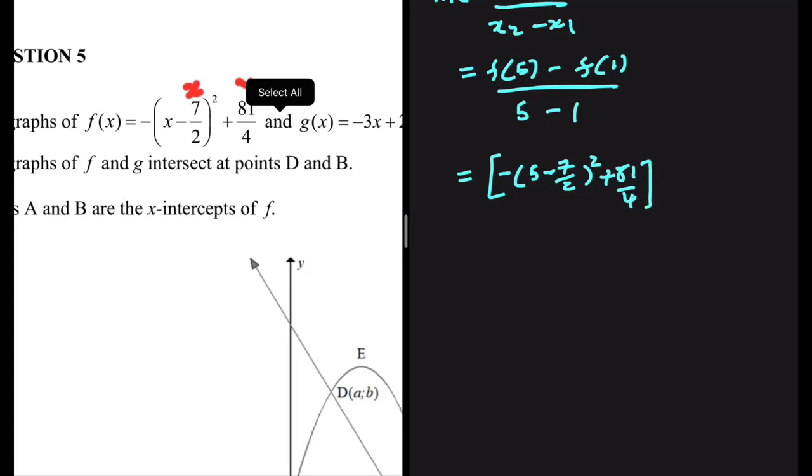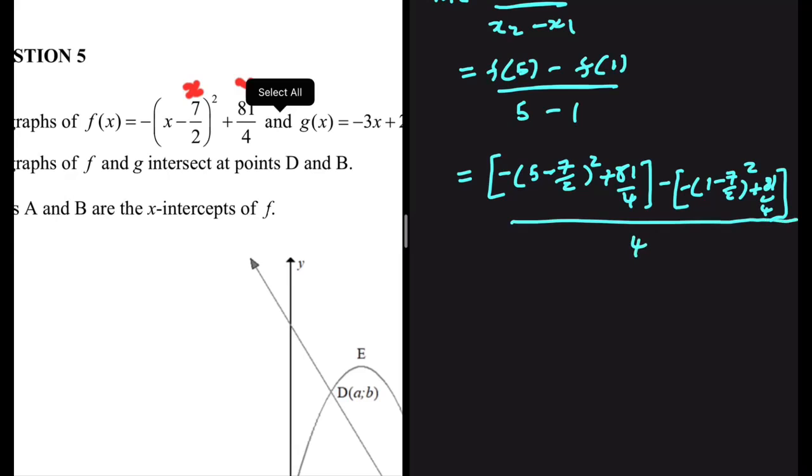This is f of 5. We're supposed to subtract f of 1. We're going to have minus, in place of x, we have 1, minus 7 divided by 2, everything squared, plus 81 divided by 4. And then we're dividing everything by 5 minus 1.